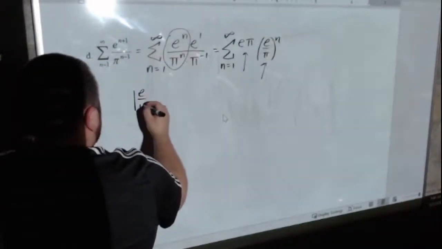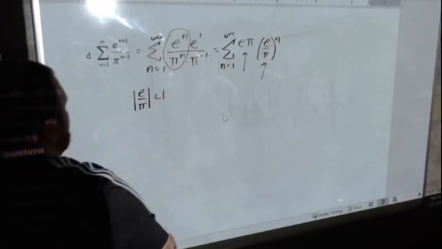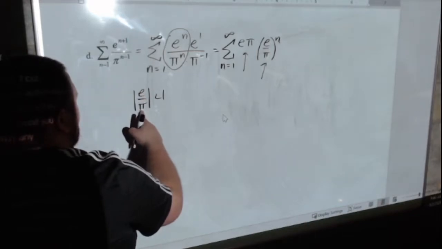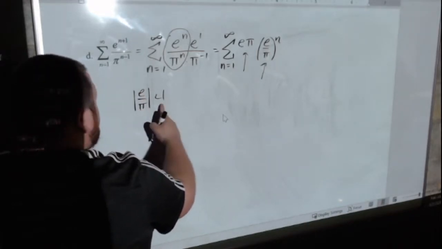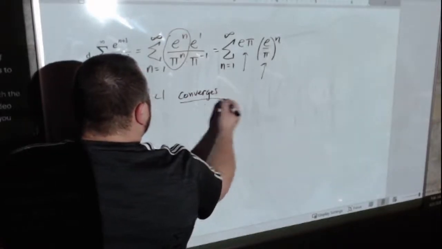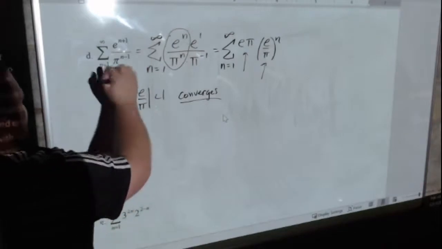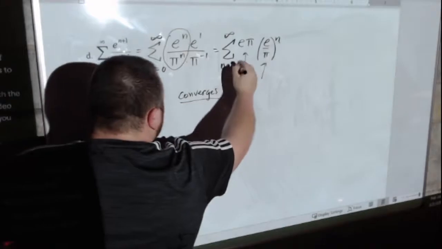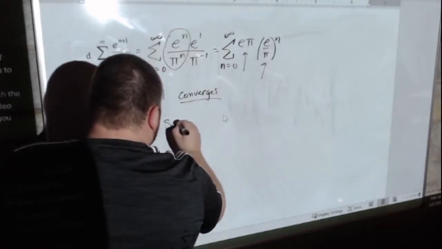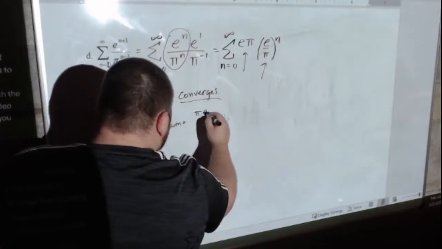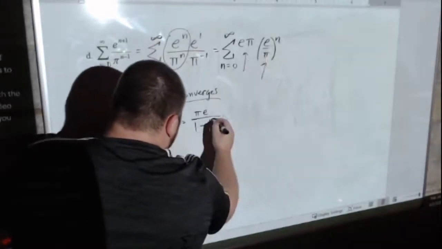So is the absolute value of e over pi less than 1? Well, that's correct, because this is 2.7 and that's 3.4 roughly. So that number will be less than 1. Converges. And let's instead have this one start at 0. So the sum then is a, which is pi e, all over 1 minus r, e over pi.